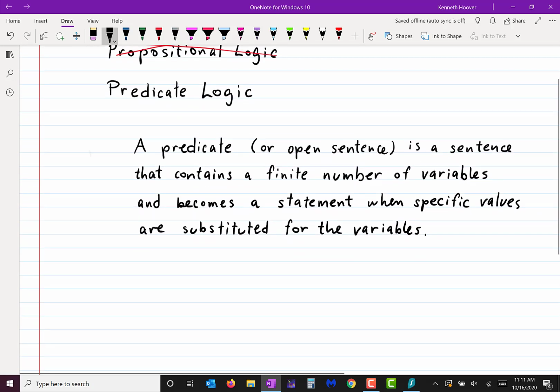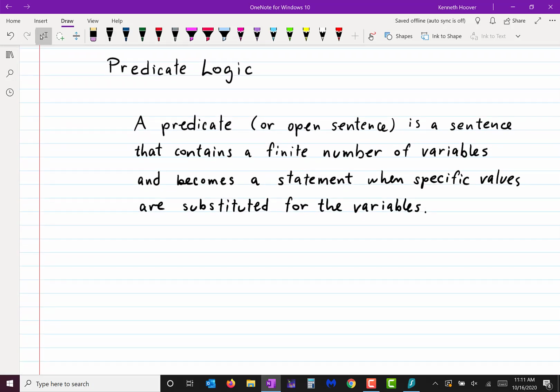All right. Here's a new definition that we haven't seen before. So the word predicate is a new word, but we've seen that before. It's just that in the past we called them open sentences. Here's a new definition entirely.